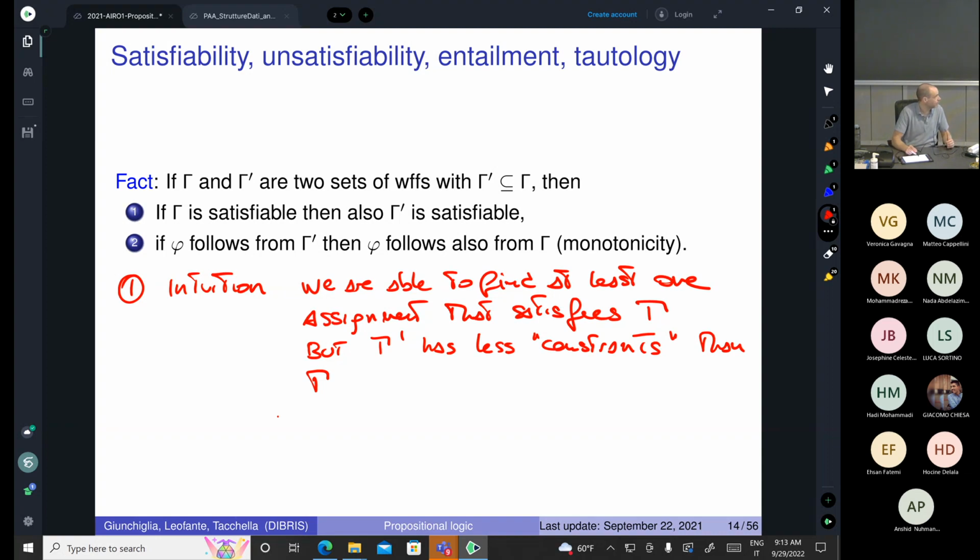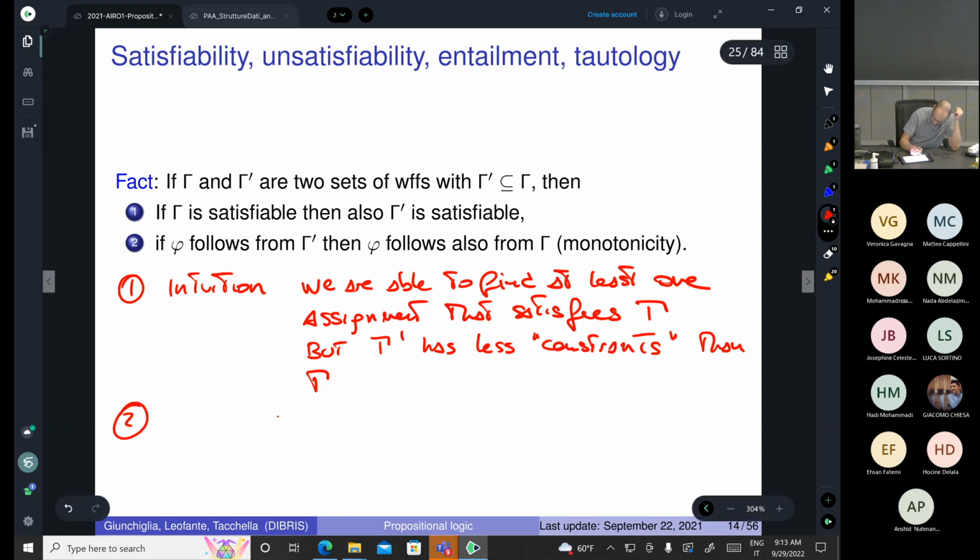And even more important, this goes the other way around. If you were able to show that phi follows from gamma prime, then phi also follows from gamma.